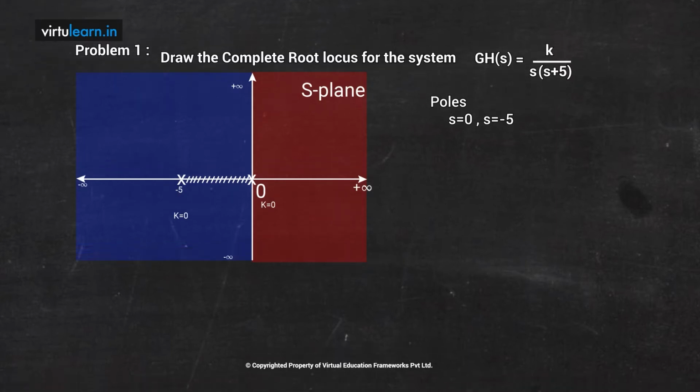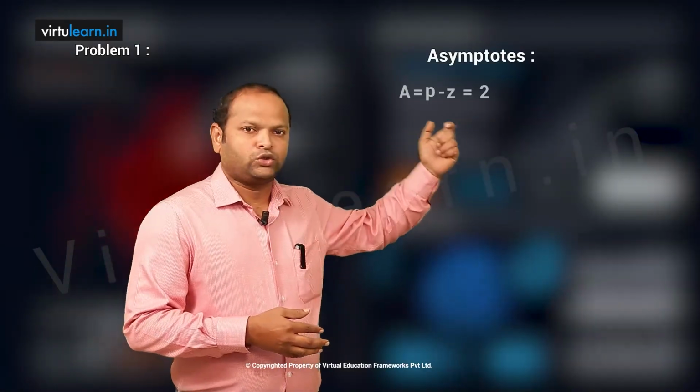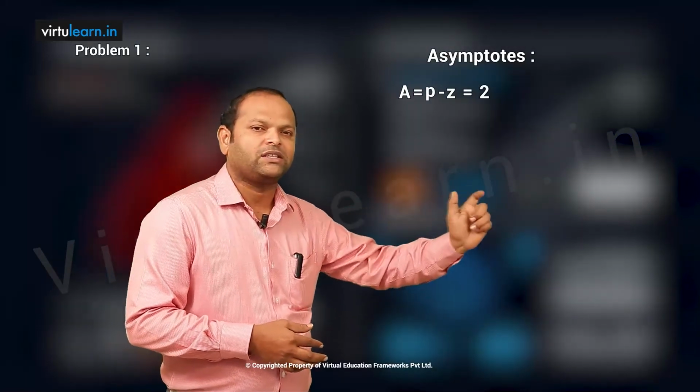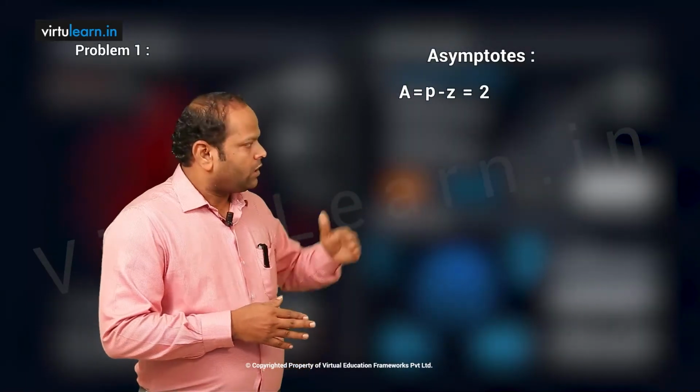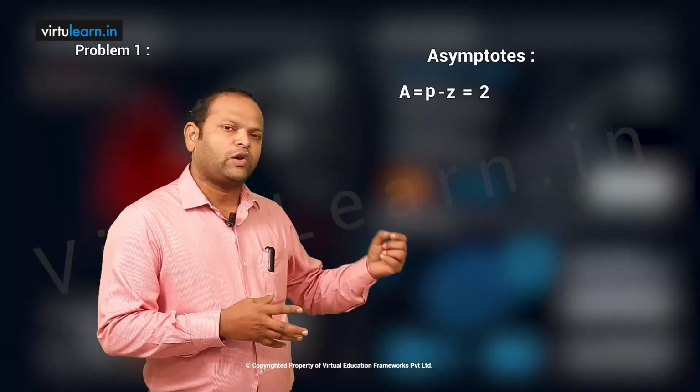Step 3 is the asymptotes information. You know P = 2 and Z = 0, so the number of asymptotes is P minus Z, which is 2. Now 2 asymptotes are there. Then we find the centroid. The centroid is the starting point of all asymptotes.